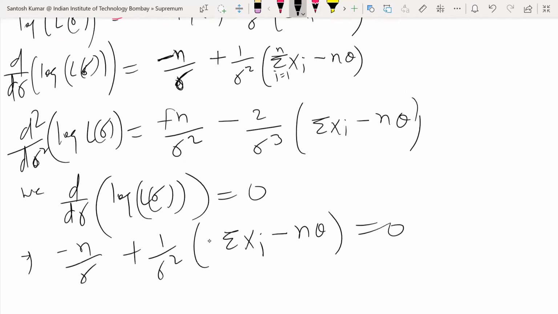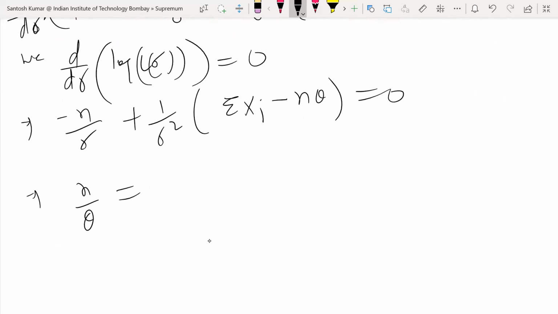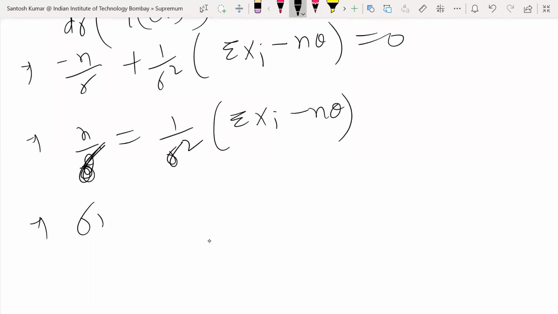This is going to be 0. So from here, n upon sigma is equal to 1 upon sigma square summation xi minus n theta. So sigma n is equal to summation xi minus n theta.